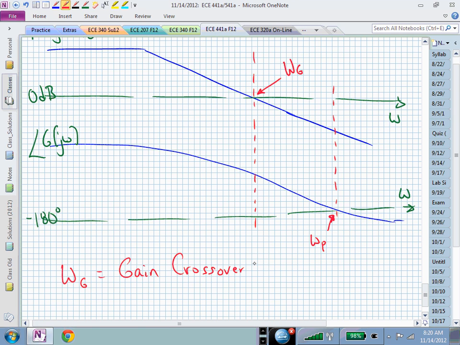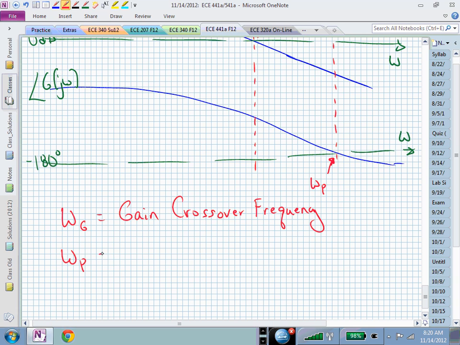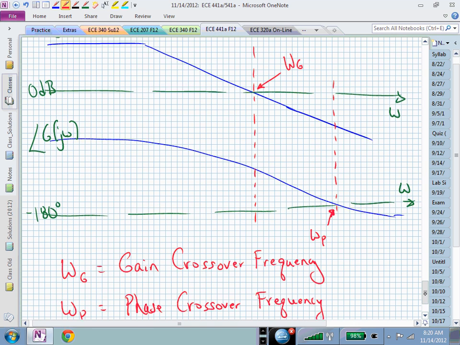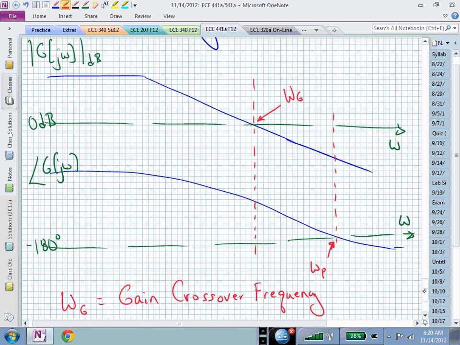So this is my gain crossover frequency, omega sub g, and omega sub p is my phase crossover frequency. And what I'm interested in is the margin between when those would happen at the same time.